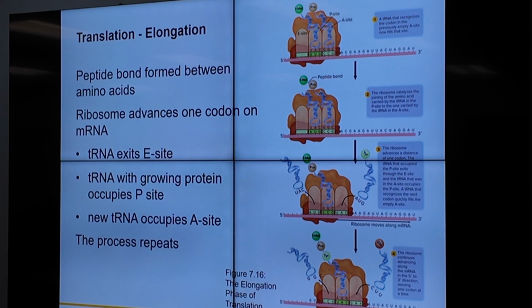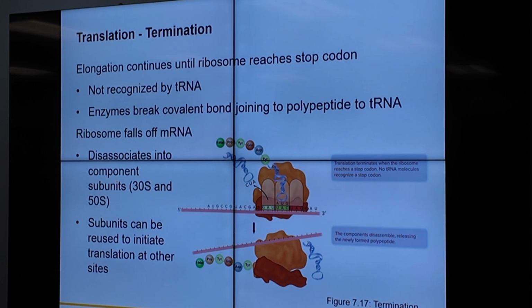So if you like a quick summary, your book has a nice summary there. But it'll go on until it hits the stop codon, and when it does, everything dissociates. Now again, bacteria have this polycistronic RNA. The ribosome will read one. It generally doesn't even dissociate. It actually will release that peptide chain because of the stop codon, and then it'll start on the next one.